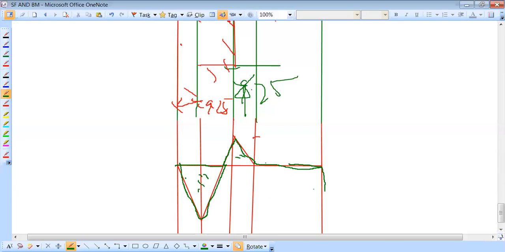In the next sessions we will also try many problems. Then you can easily understand the overhanging beam. It's more complicated than the cantilever and the simply supported. So let's see what we will do in the next class. And I think you will understand better. Thank you, students, for watching this video.